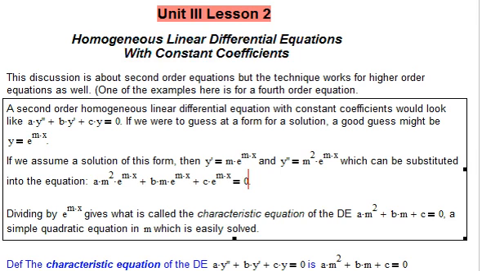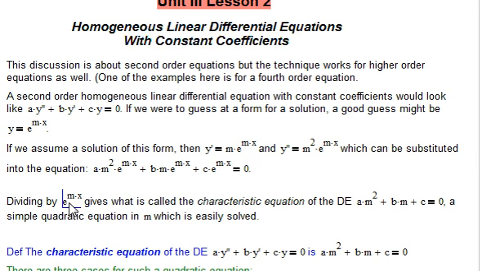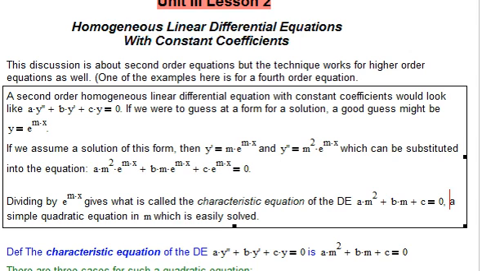I don't know if you see where this is going, but it's going to a nice place, because if we divide out by the e to the mx, it gives us what's called the characteristic equation for this differential equation, and it's just a quadratic equation in m: am squared plus bm plus c equals 0.